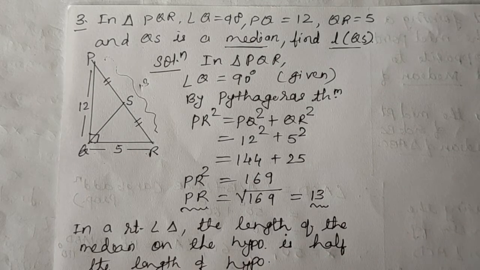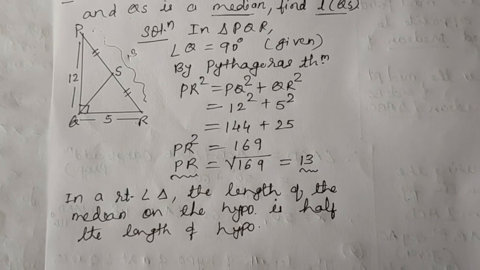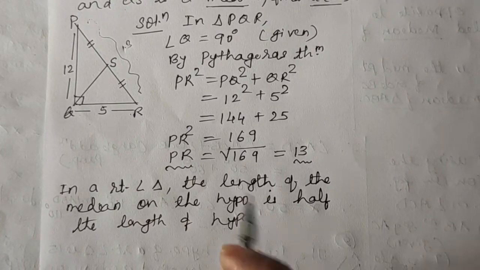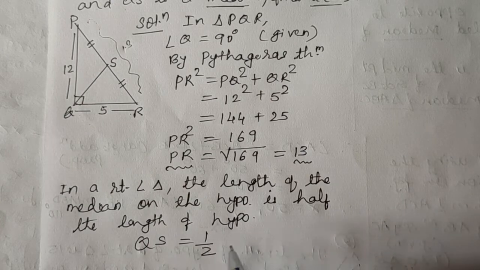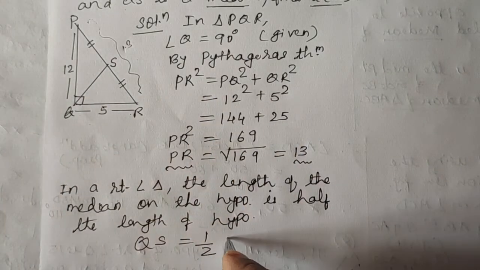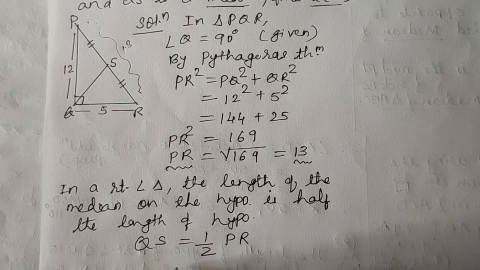Now here you can see in the figure your median is QS. So QS is half of the hypotenuse. What is the hypotenuse? PR.